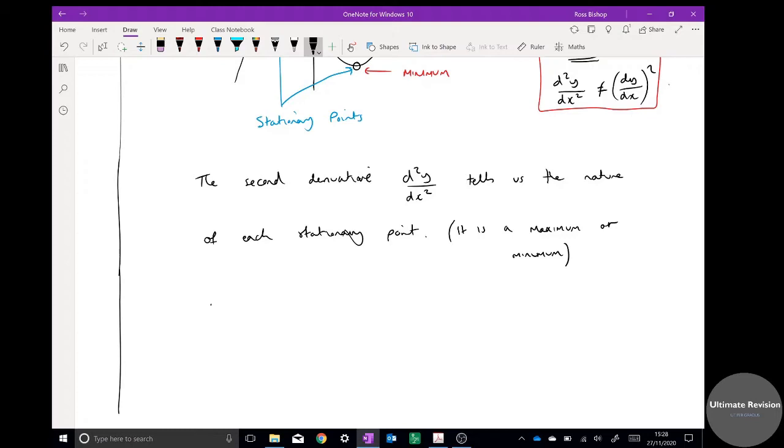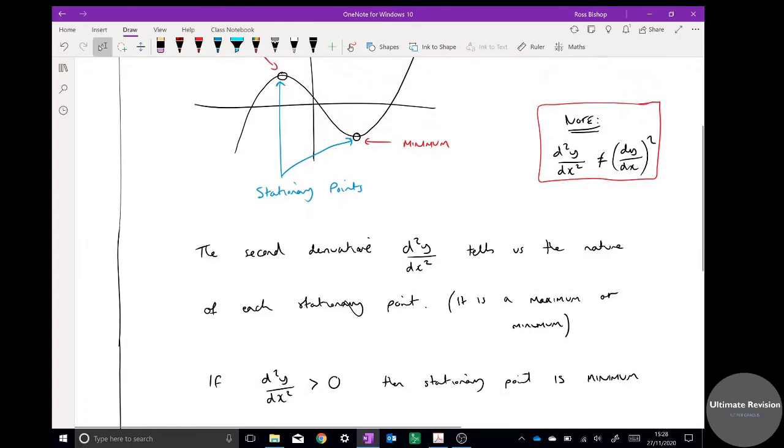Now, if the second derivative is positive, so if it's greater than 0, then the stationary point is a minimum. That's because the gradient is getting more positive as it enters a dip.